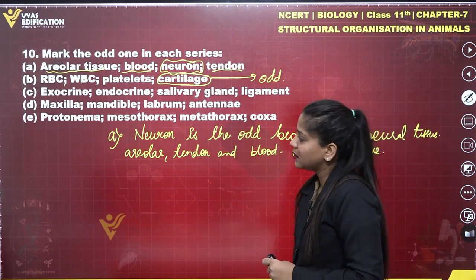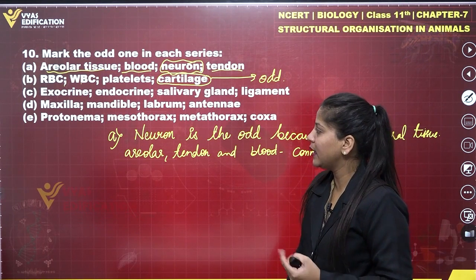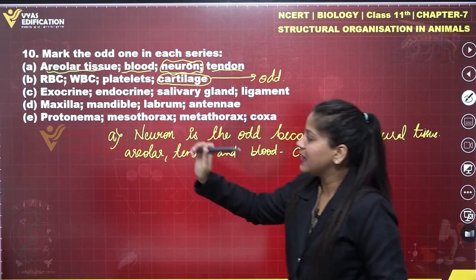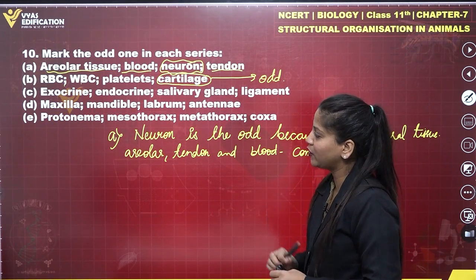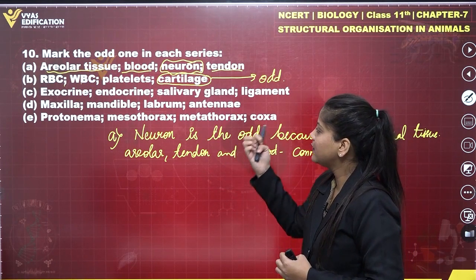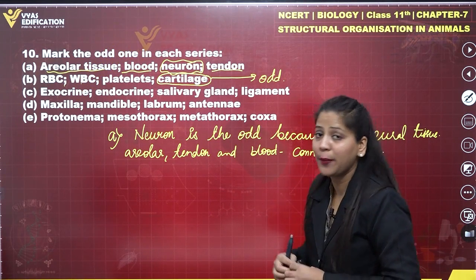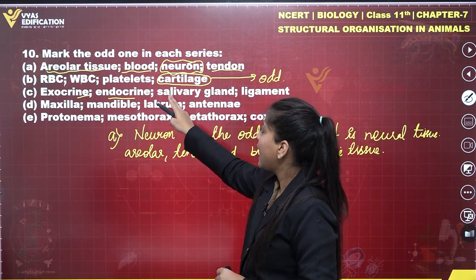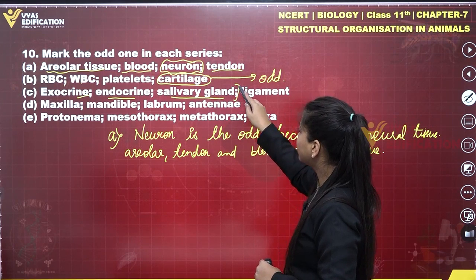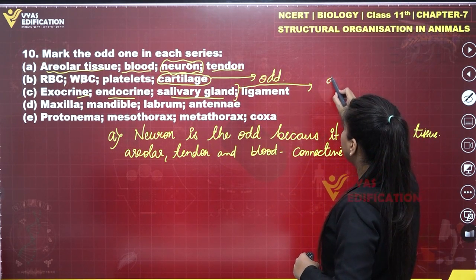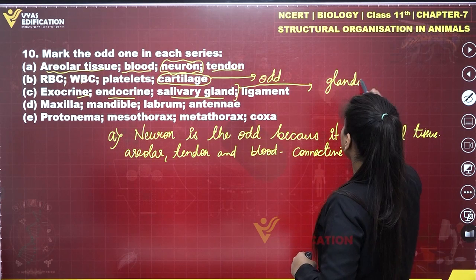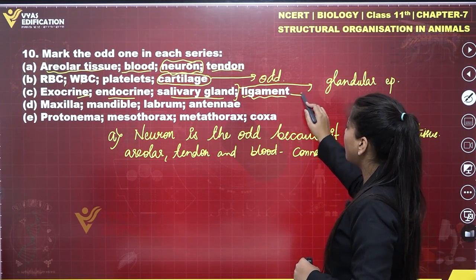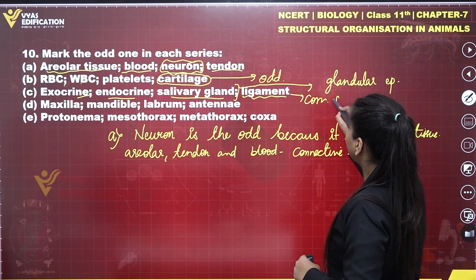The third one, C, we have exocrine, endocrine, salivary gland and ligament. Among these four, exocrine, endocrine and salivary glands are all examples of glandular epithelium, whereas the ligament is your connective tissue.